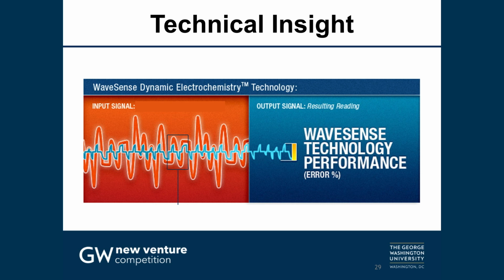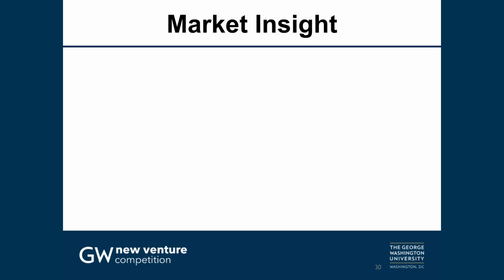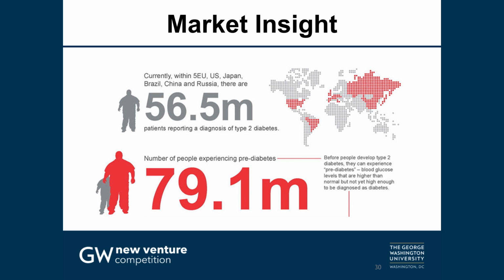And so what they did is they looked at the market and they tried to figure out where should we apply this technology, where would be most effective? And they went out and found that diabetes is a huge problem worldwide and growing rapidly. So the idea came, well, we should address the market for blood glucose monitors to help diabetics. So this is where they ended up.